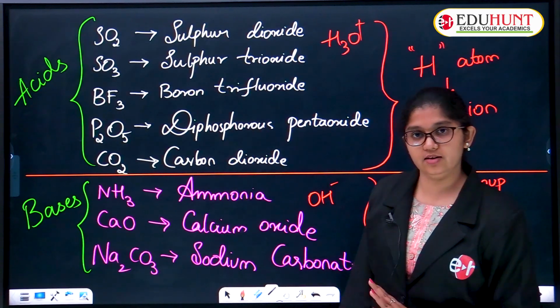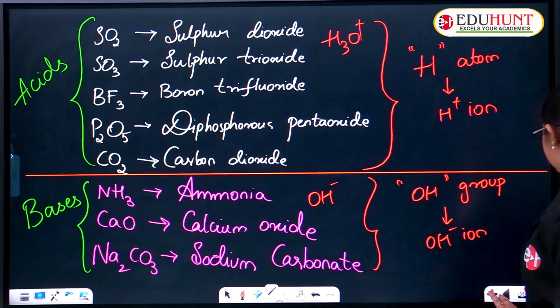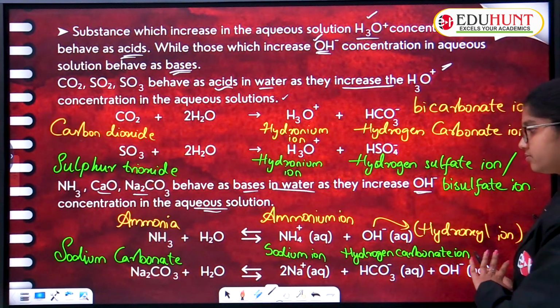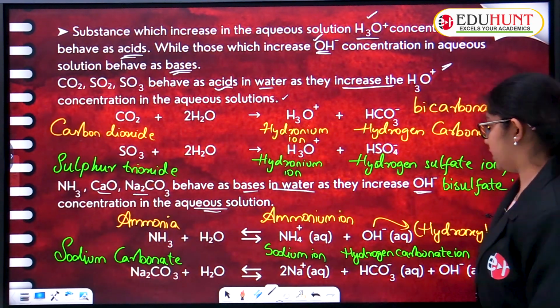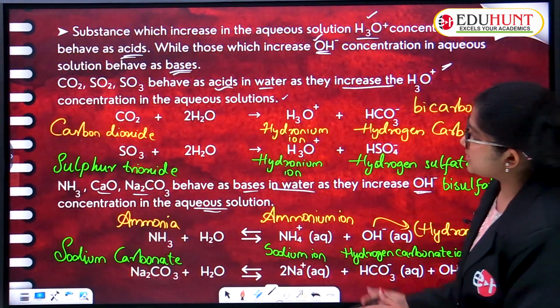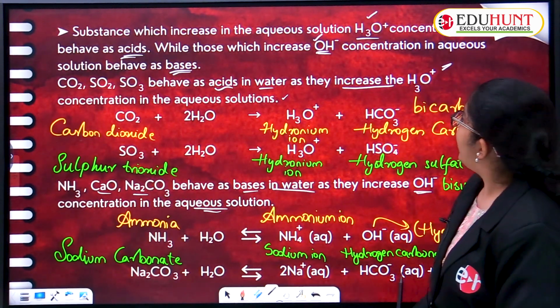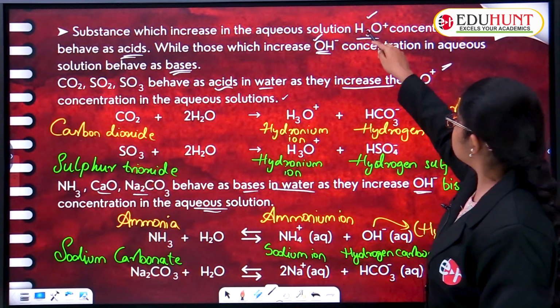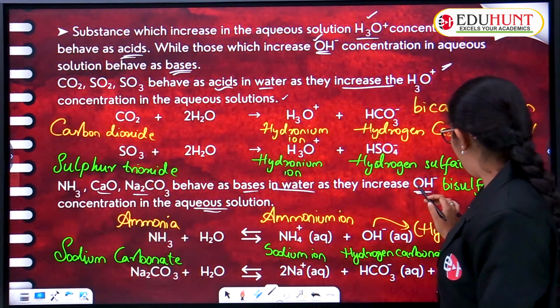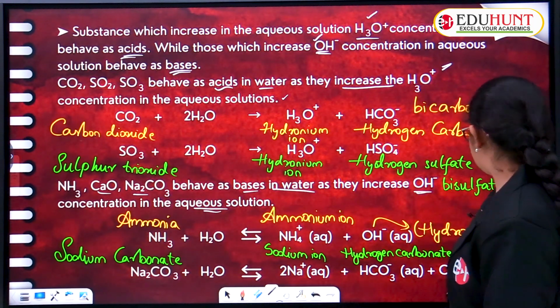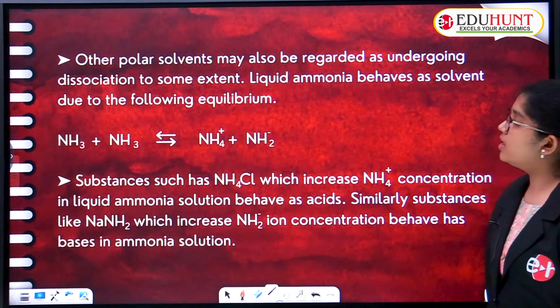That's the reason they gave it here like this, after the explanation. Clear, no, children? Up to here clear, no? Okay. So this is all about the examples and the definitions of acids and bases: the H3O plus concentration is an acid and OH minus is a base. So this is all about it. And one more.